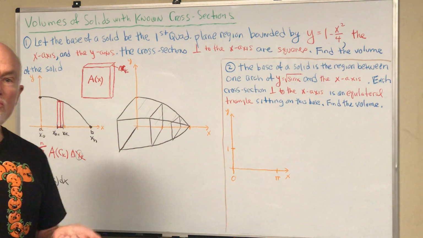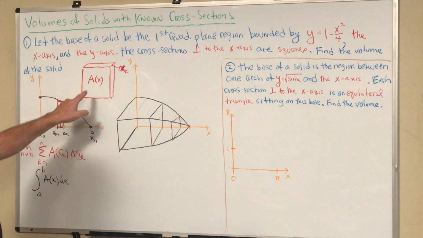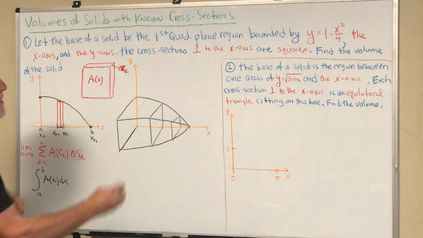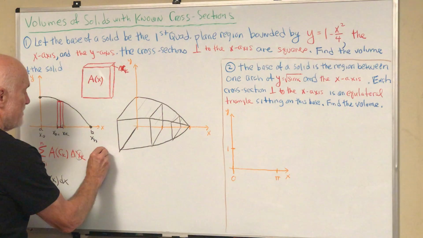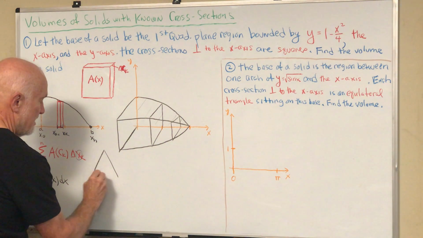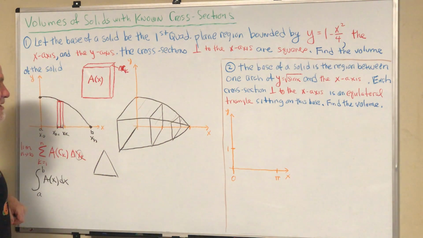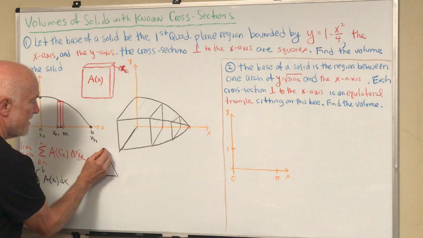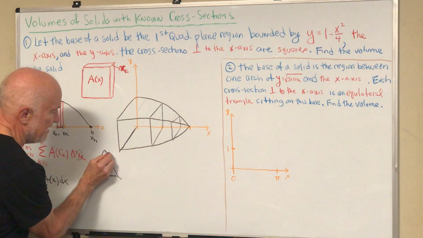And the nice thing about this formula is that if the cross sections were not squares but something else, maybe equilateral triangles coming out of the board like that, it would be done the same way.